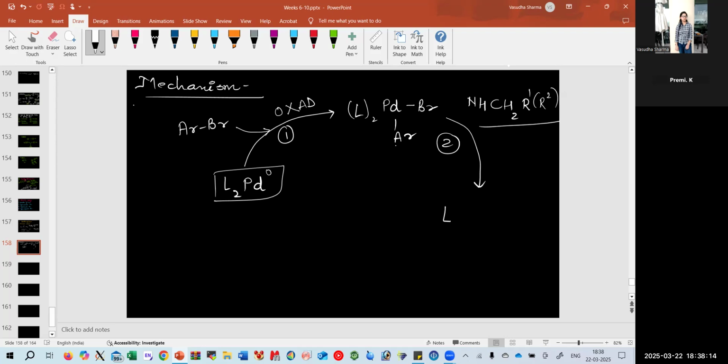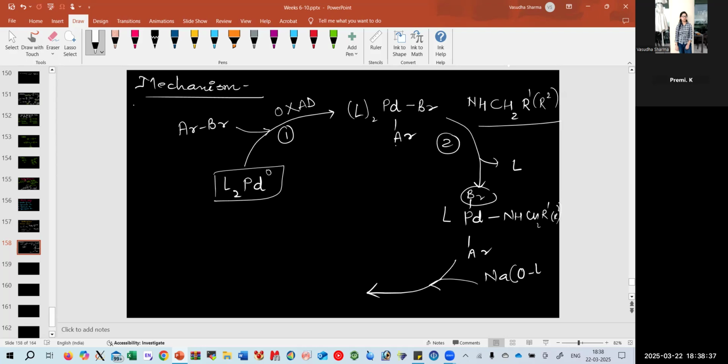For introducing this moiety, one L has to go out. So one L will go out, and it will form palladium, bromine is here, Ar, and NH, CH2, R1.